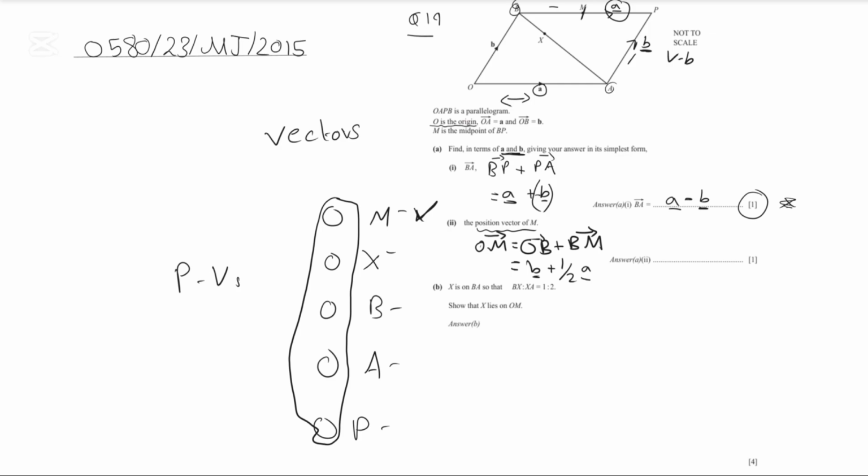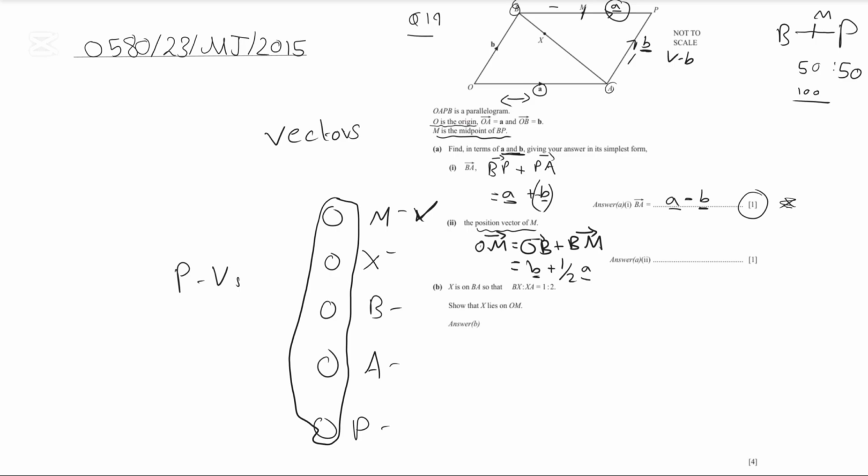So B to P is a line. Think of it this way. It's a line with the value 100. And M over here, they've told us that M is the midpoint of BP. So meaning M is at exactly 50. So BP is divided as 50 to 50, which is 1:1. So from B to M is the same distance or the same vector as from M to P.